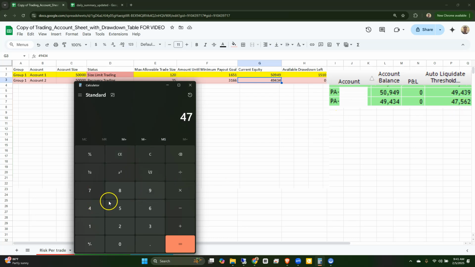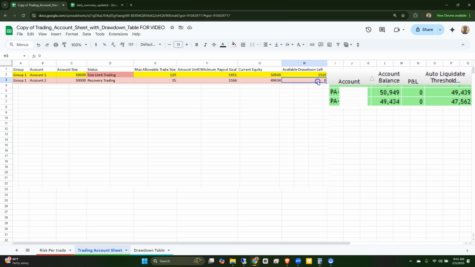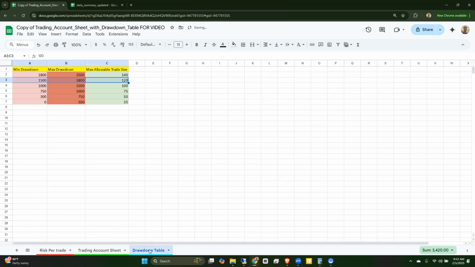So 47,562 minus 49,434. So 1,872. 1,872 worth of drawdown left, which means, why is that not working here? 1,872 should be giving us a 140 there.